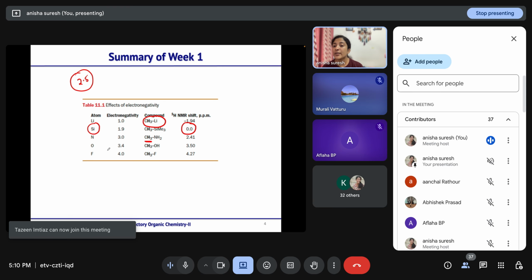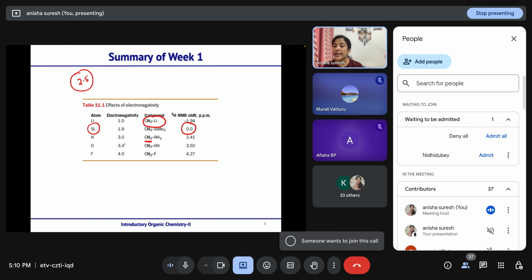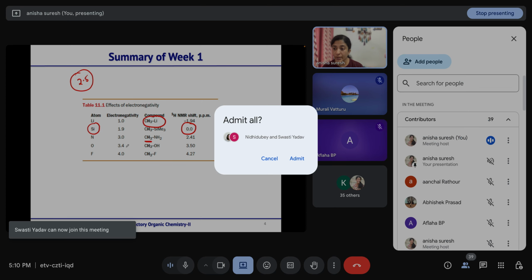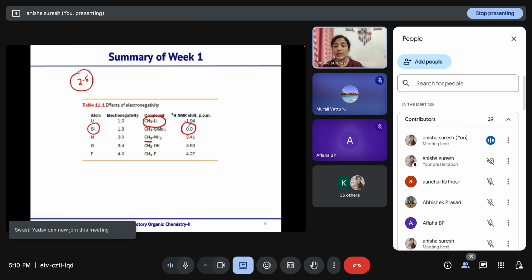And if we have an oxygen atom attached next to the CH3, whose electronegativity is around 3.4, then in the proton NMR spectra this CH3 will be coming in the region of 3.5.